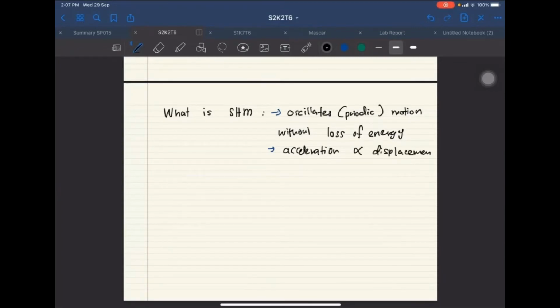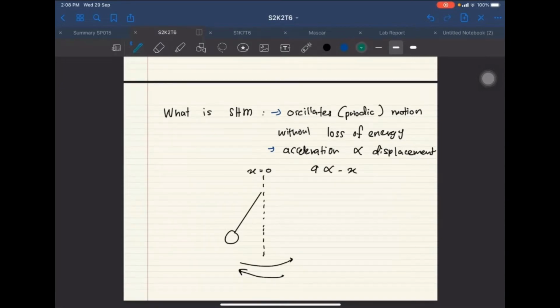Okay, and in fact you will see that the equation later on has a negative x. The negative here actually defines the direction of acceleration. For example, a simple pendulum is one example of simple harmonic motion. It undergoes a periodic motion, left and right, like that. If this is the equilibrium position, we call this x equals 0.